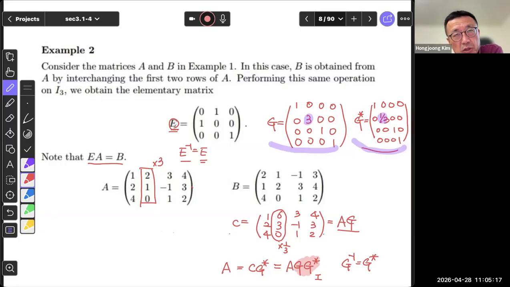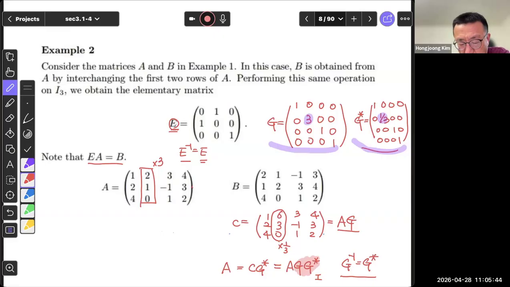In case of G, the type 2 elementary matrix, G star is the inverse, and this G star can always be found, and this G star is also a type 2 elementary matrix. Only the scaling factor is 1/3, not 3.